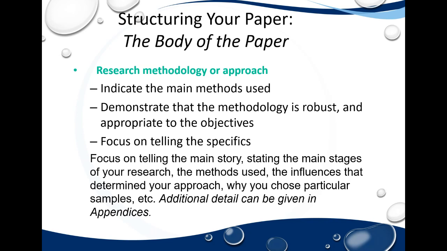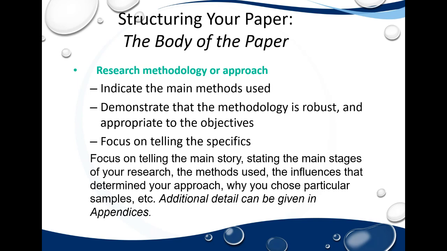You indicate immediately what the main method used is. So following a qualitative study, this study did this and then did that and did that. So you're not going to give us a whole background to show that you understand what qualitative research is and what the approaches are and the research design. That's okay there in your dissertation or thesis.